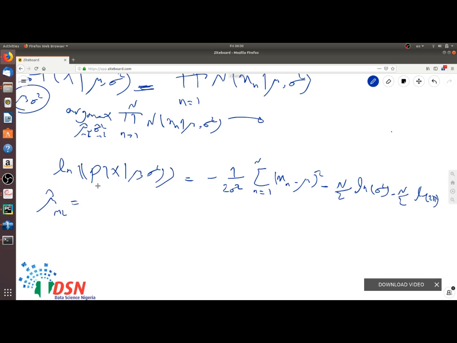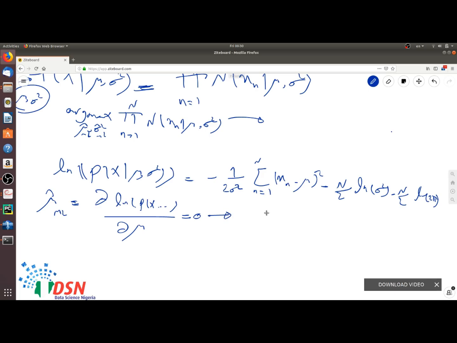For maximizing this, you need to just put the derivative of this with respect to mu equal to 0.